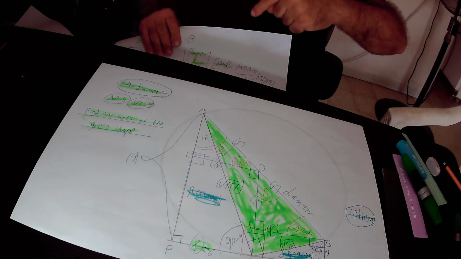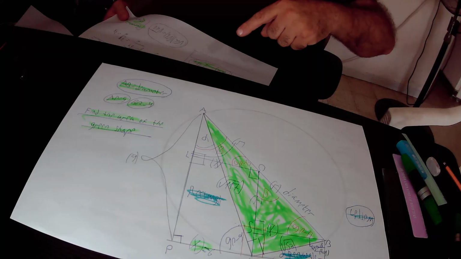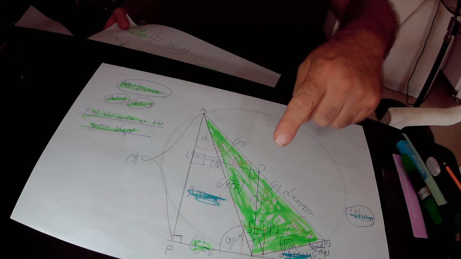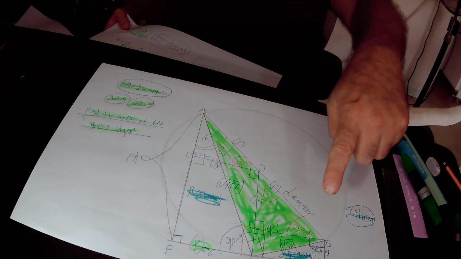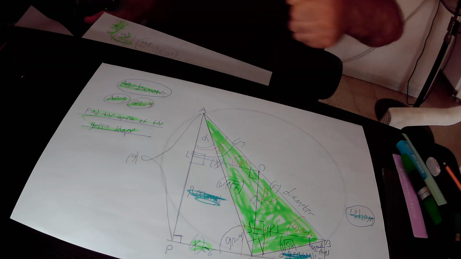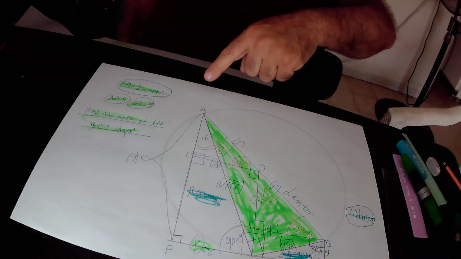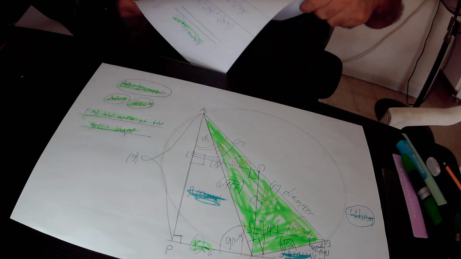Our task is to find the area of this green shape. The green shape is actually the green right triangle AMB. We know that the area of any triangle equals the base times the height over 2. Therefore, the area of the green right triangle AMB equals the base BM times the height MA over 2.